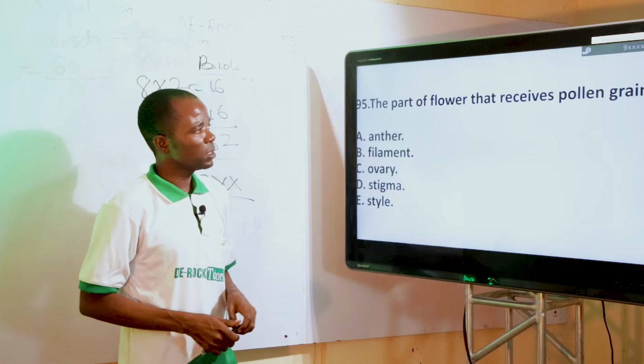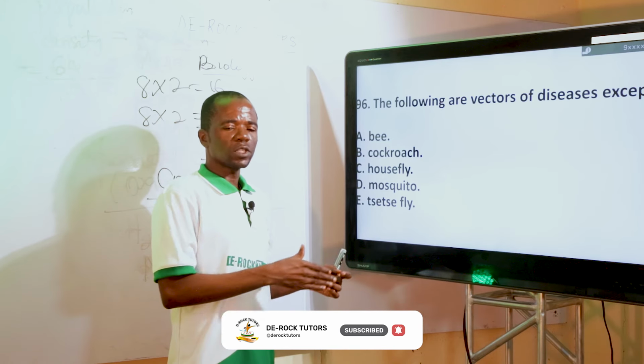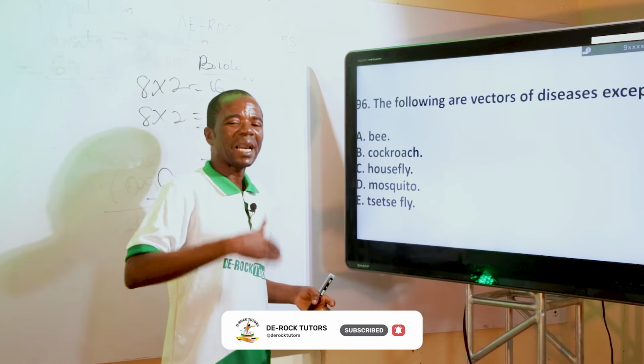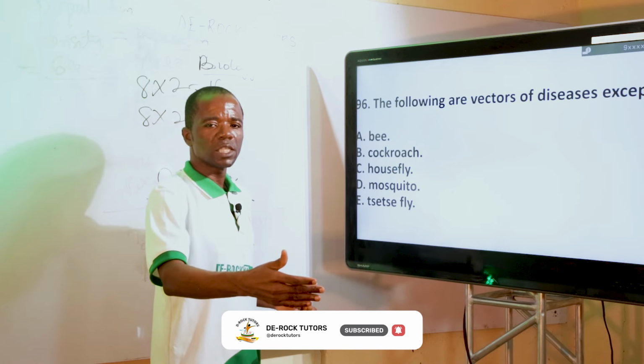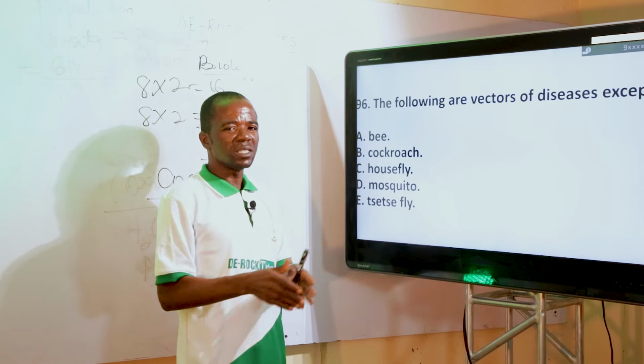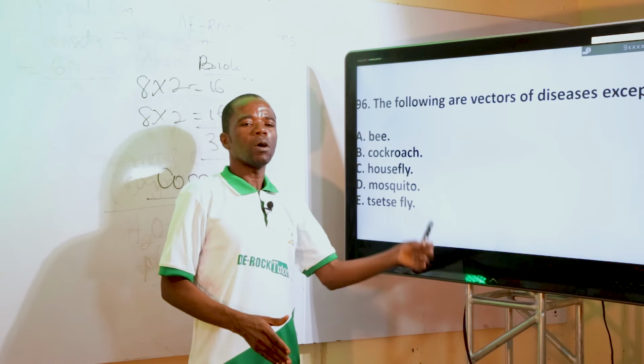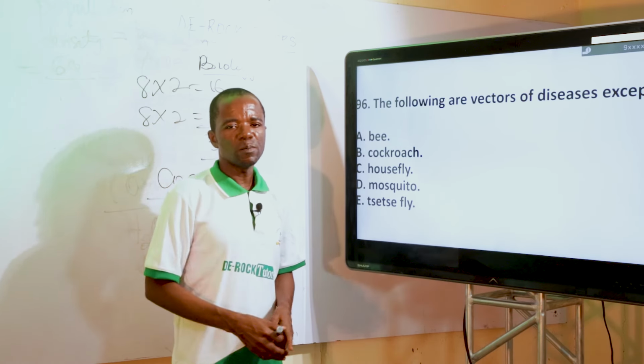Let's go to number 96. The following are vectors of diseases except. What do we mean by vectors? Vectors are those organisms that help in carrying disease-causing organisms. Be careful here. Vectors are not causing diseases per se. What they do is transfer those pathogens that cause the disease. For example, let's make use of malaria.